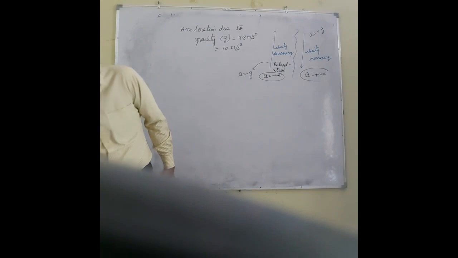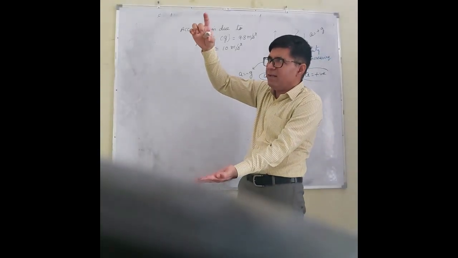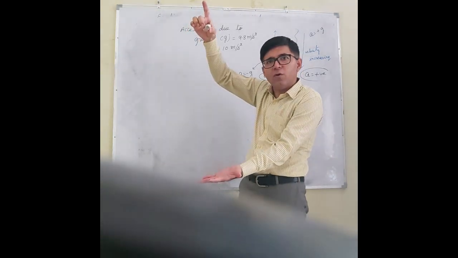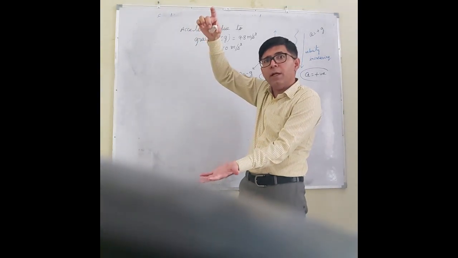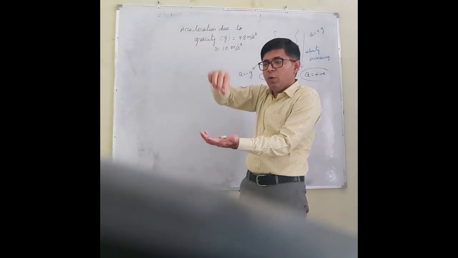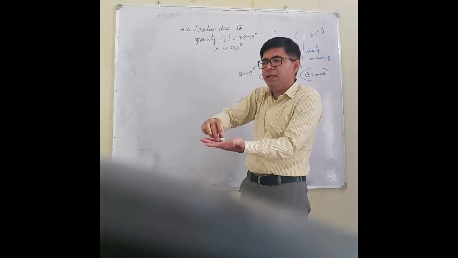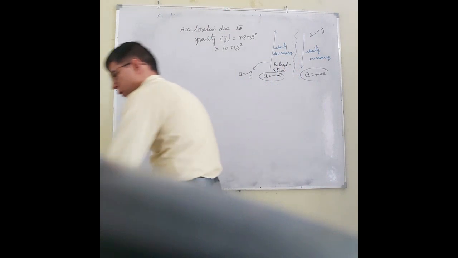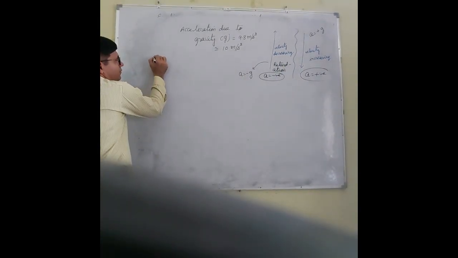Now, two concepts I am explaining to you. Now this is the eraser. If I drop it, with what velocity is it dropped? Zero velocity, because I am not throwing. So here initial velocity is 0. When a body is dropped, its initial velocity is 0. So these are very important points.